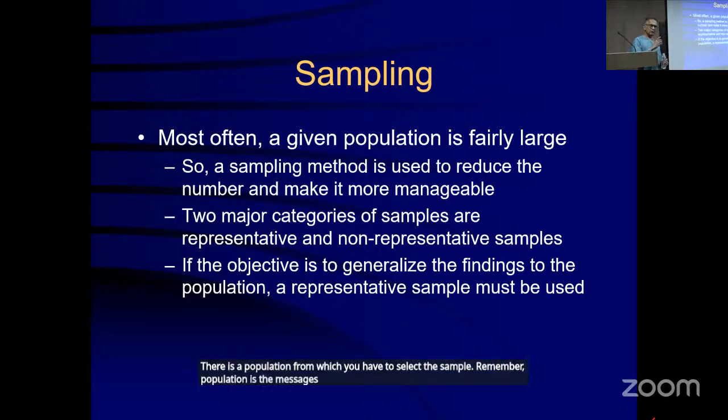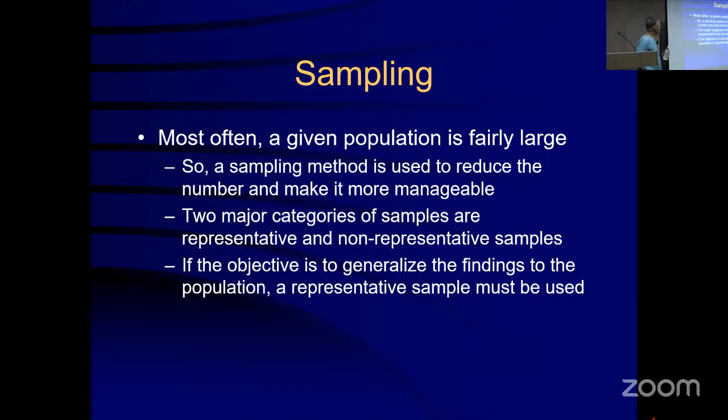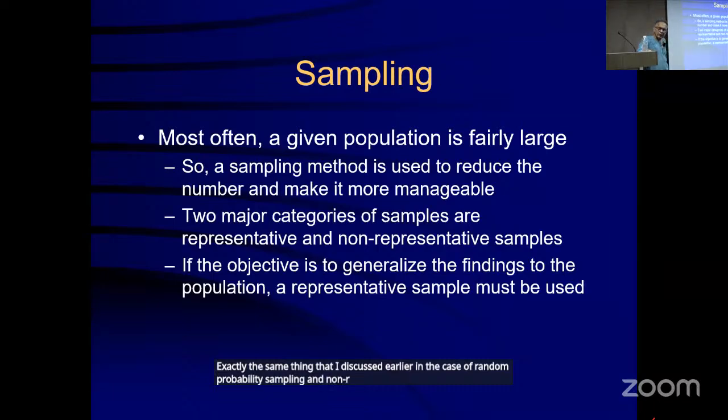Everything in content analysis has to do only with content. Exactly the same thing that I discussed earlier in the case of random probability sampling and non-random probability sampling applies here.